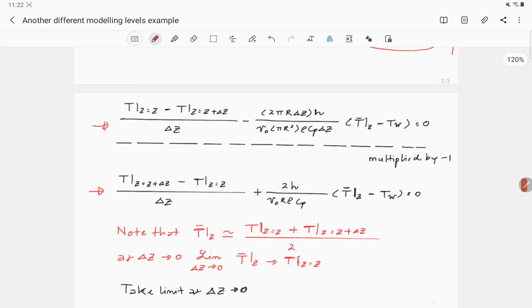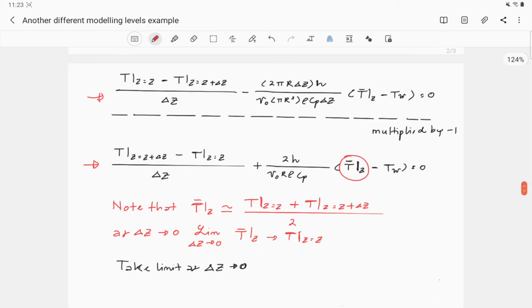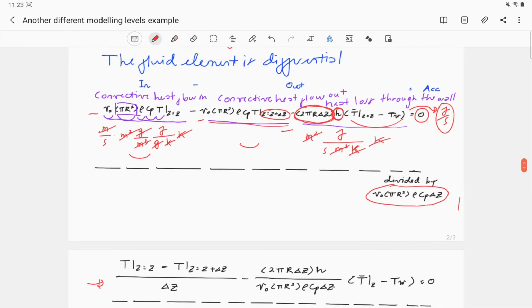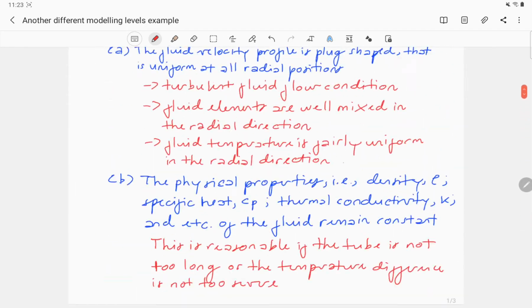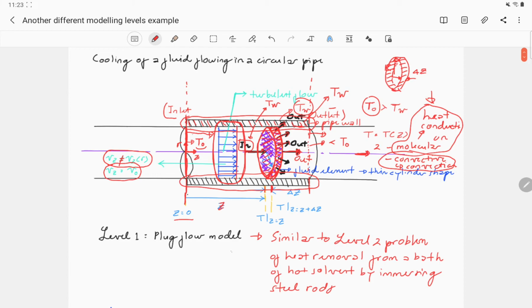A special notation that we have used here is the T with the bar on top. That bar is basically the average temperature within that fluid element. So imagine the average is taken in the middle portion of the fluid element.